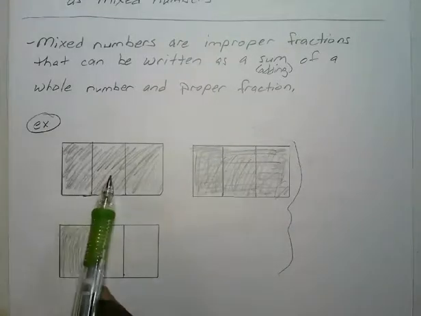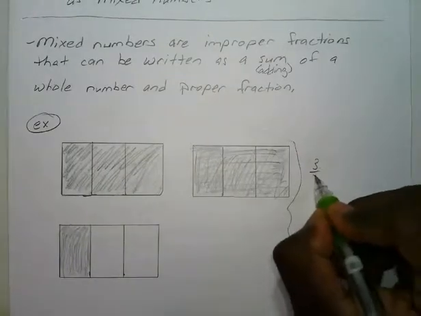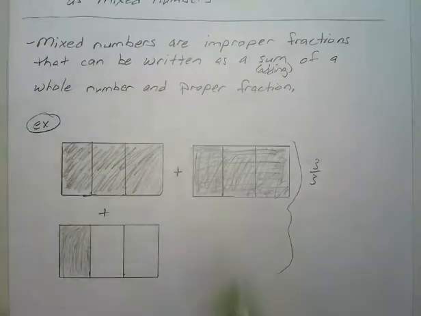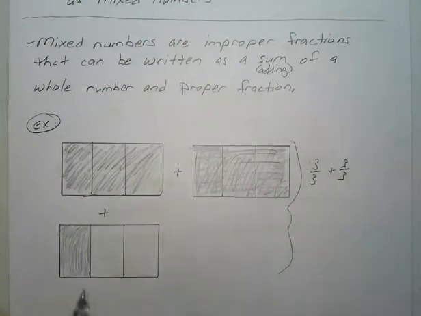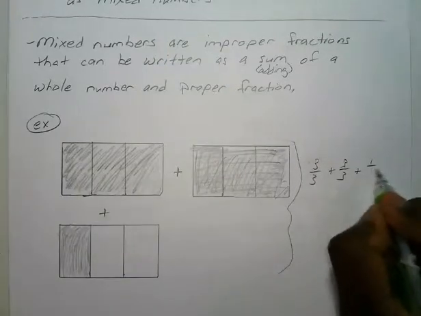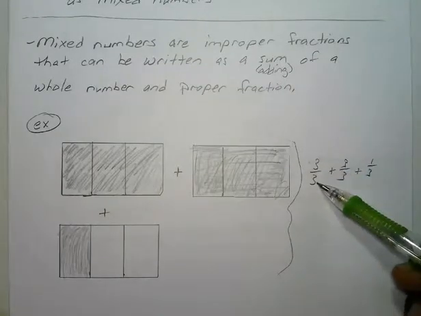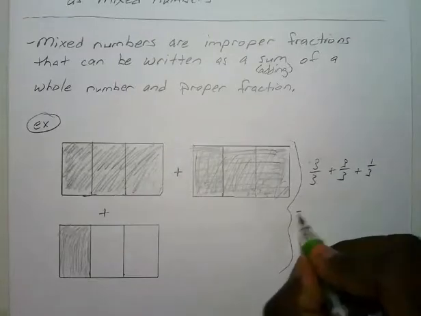Here you have 3 out of the 3 shaded, plus the 3 out of the 3 shaded, plus 1 out of the 3 shaded. If you remember, anything divided by itself is just 1. So 3 divided by 3 is just 1.